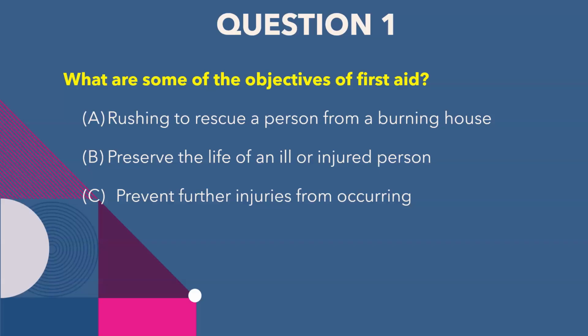D. All the above. E. B and C only. So write your answer, the one that you think is correct, only one, of course. Write it on a piece of paper as we move to question number 2.